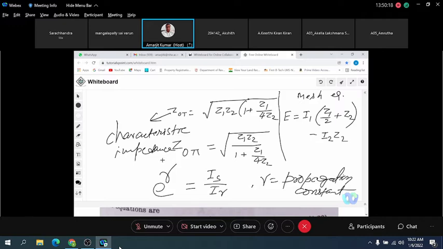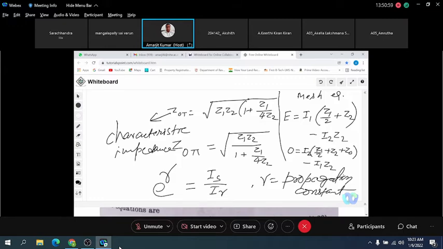And for the second loop, 0 is equal to I2 into in bracket Z1 by 2 plus Z2 plus Z0, minus I1 Z2. Is it okay? What I have written, is it correct or not? These two mesh equations. Yes, sir.